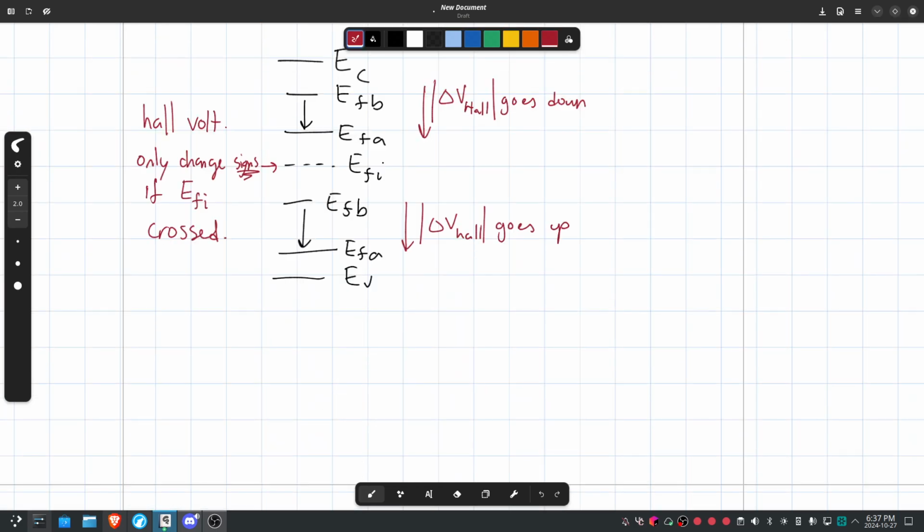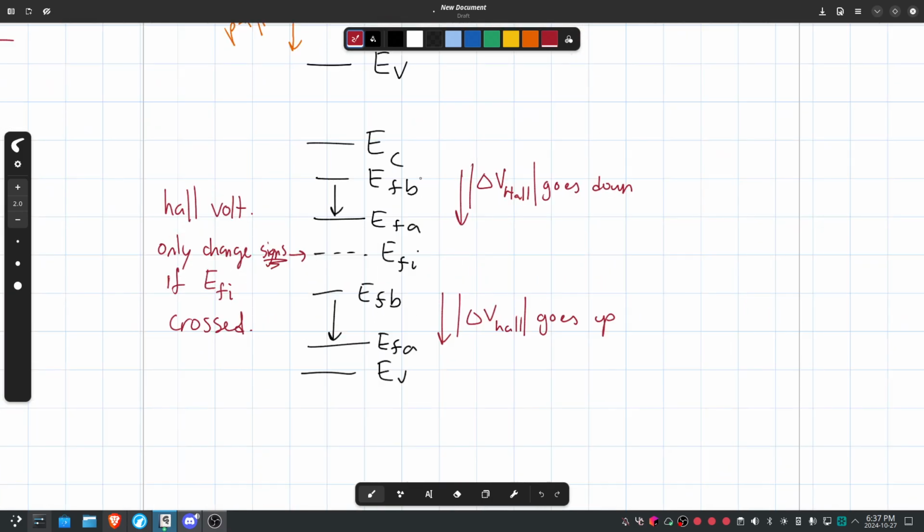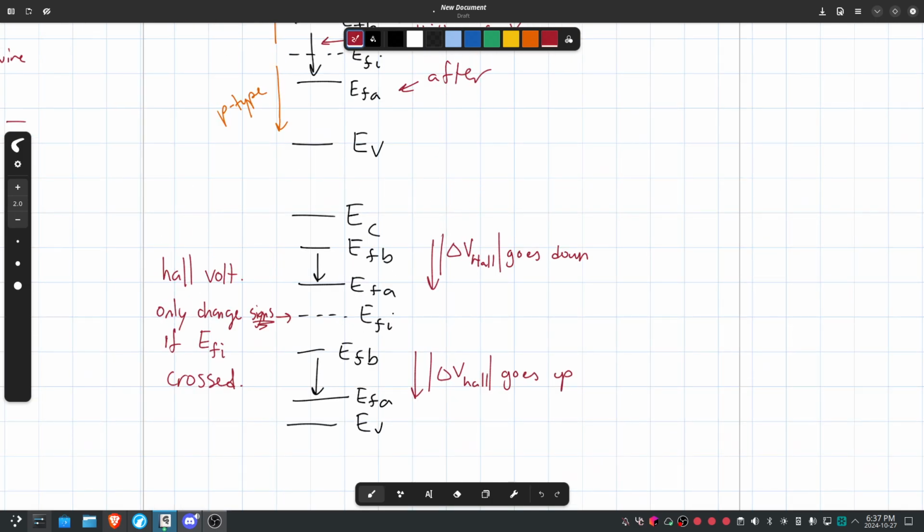So is anyone confused or needs a little bit more than that? What if it was a donor? So, okay, the only thing that would change is the direction. Okay, so let me write here.